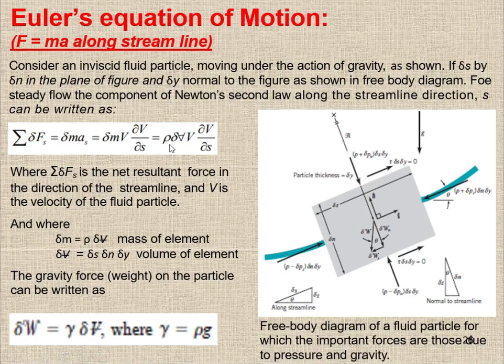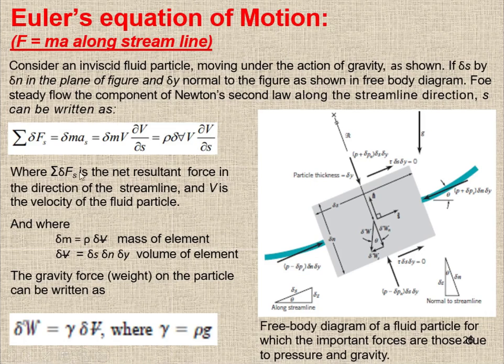The volume of the fluid particle is denoted del V, written differently to distinguish it from velocity V. So density times volume into the acceleration along the streamline.